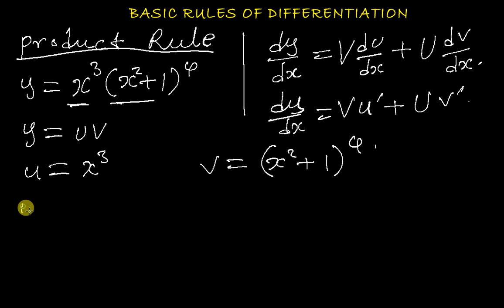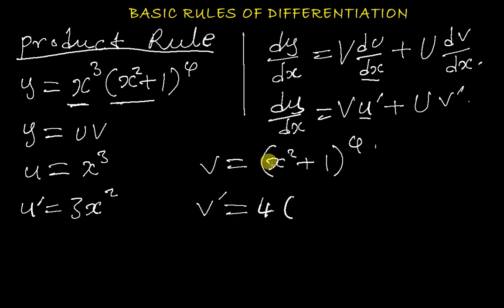So to find u prime, which is just the same as du dx, we simply differentiate this using the power rule. 3 times 1 we get 3, then x to the power 3 minus 1, which is 2. Then to find v prime, we're going to use the chain rule. You can follow the same steps that I recently showed you, but I'm going to use the shortcut here. 4 times 1 there, which is just 4, then open brackets, we differentiate what is in the brackets there.